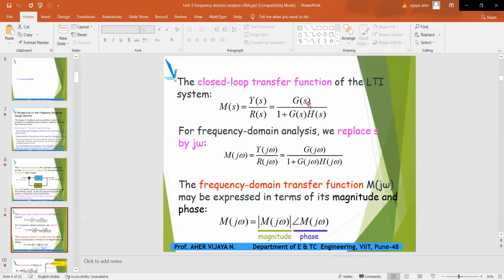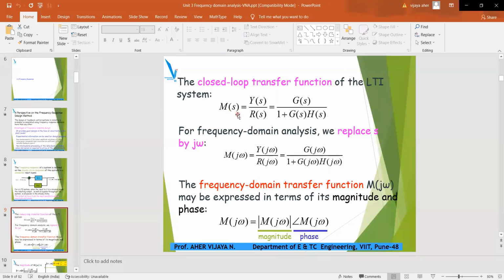Okay, so consider our LTI system, and we are going to write the transfer function for closed loop control system. In this unit 3, that is frequency domain analysis, we are going to denote our transfer function by the variable M of s.